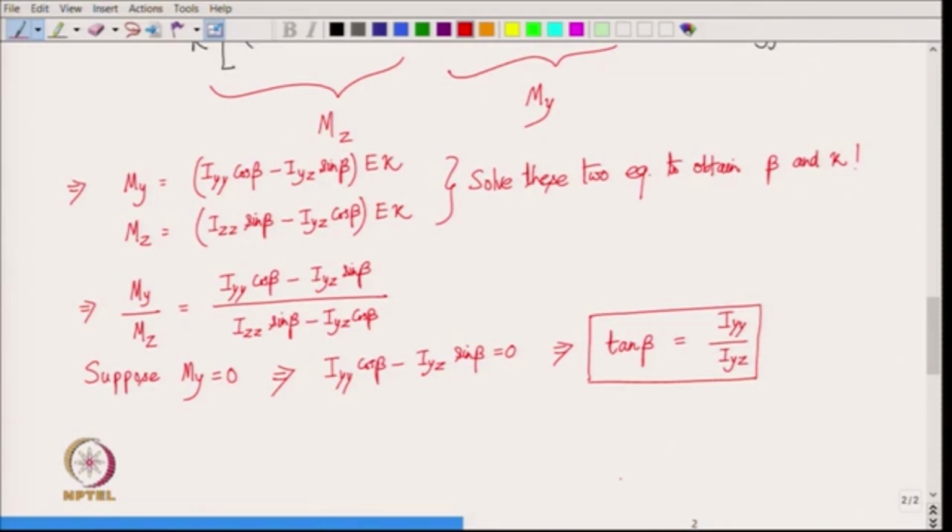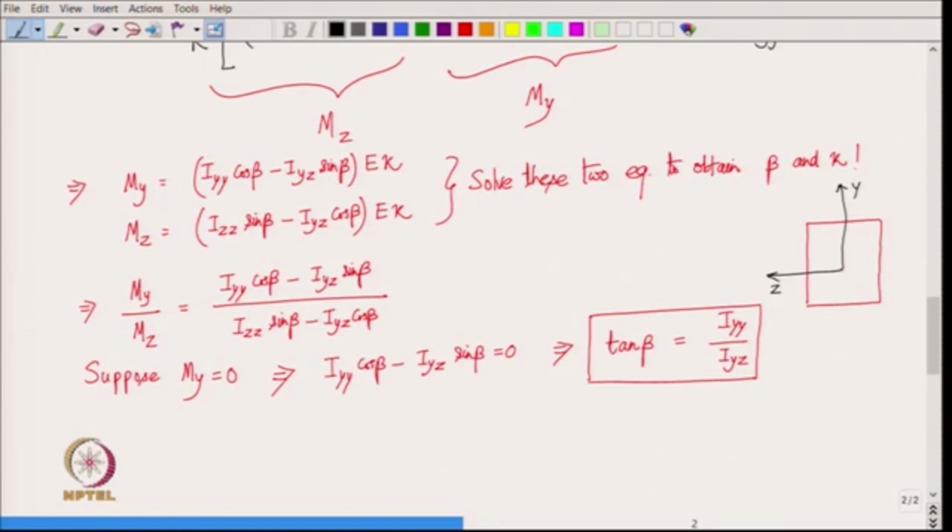Now, you see, in the last two classes the cross section was symmetrical. So, we had, for example, the rectangular cross section. Now whenever you work out the mixed moment of area for a symmetrical cross section, then it is always 0.